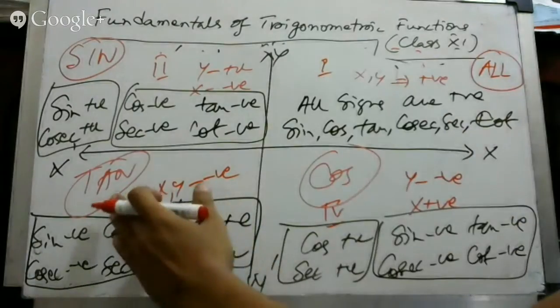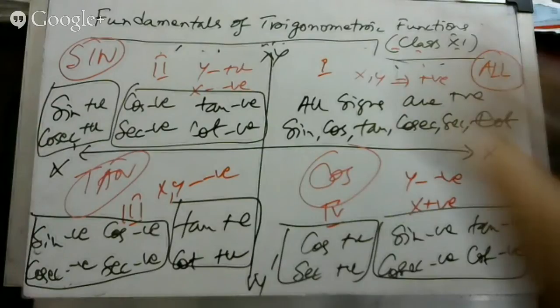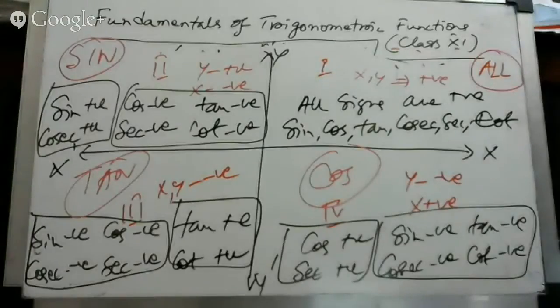Third quadrant, tan is positive, rest is negative, and fourth quadrant, cos is positive, and rest is negative. So all sine, tan, cos. That's how it is being referred to when we use this in the subsequent chapters and also in the subsequent sections.